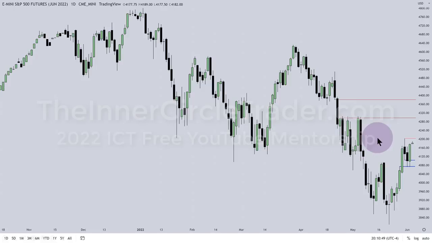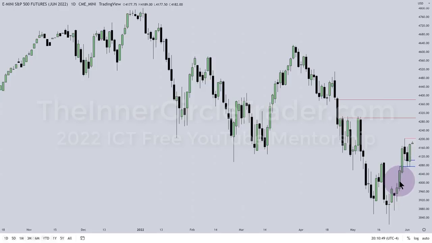Okay, so for the students here that are looking for a little bit more meat on the bone for bias, when the market has moved from a low like this and starts to trade higher and creates a swing low, it's easy to assume that it might want to come back up to this high here. So notice how each day, with the exception of this one single day here, each day was bullish.